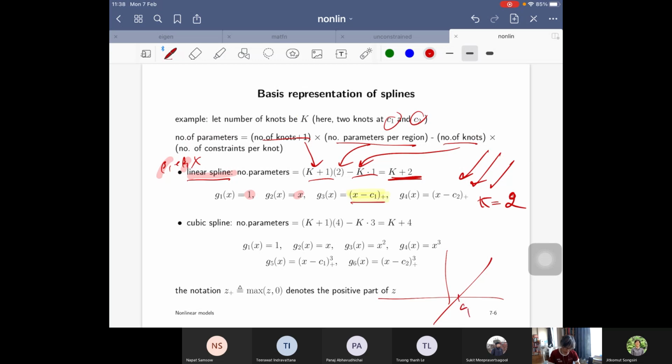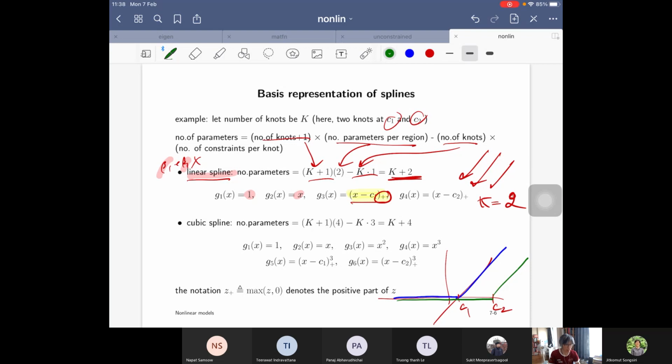Suppose C1 is here, but you just take the positive part, so its graph looks like this, the blue color. And for G4, the breakpoint is here at C2, so the function G4 will look like 0 all the way here, and then it is linear.